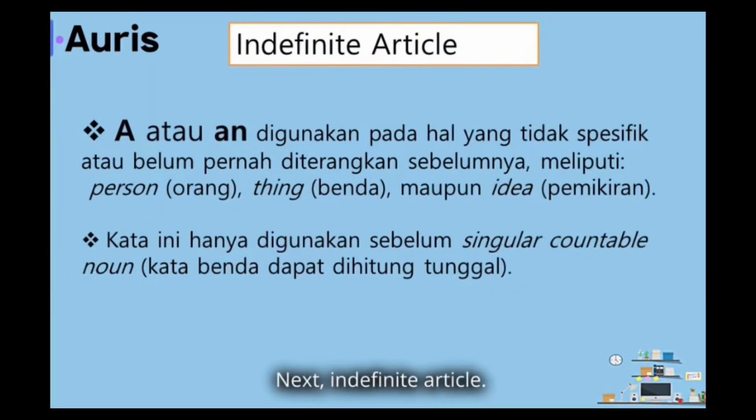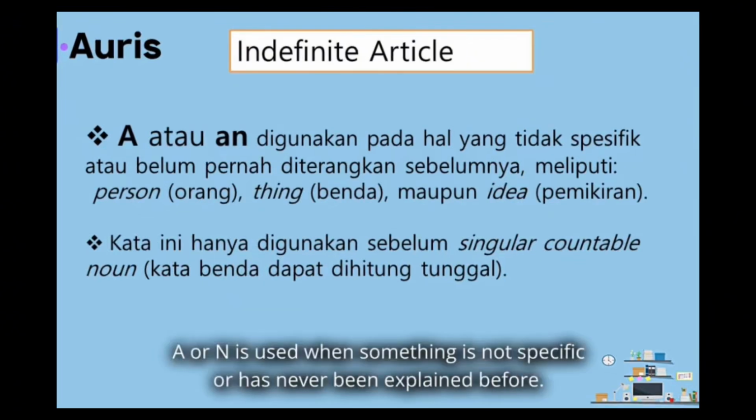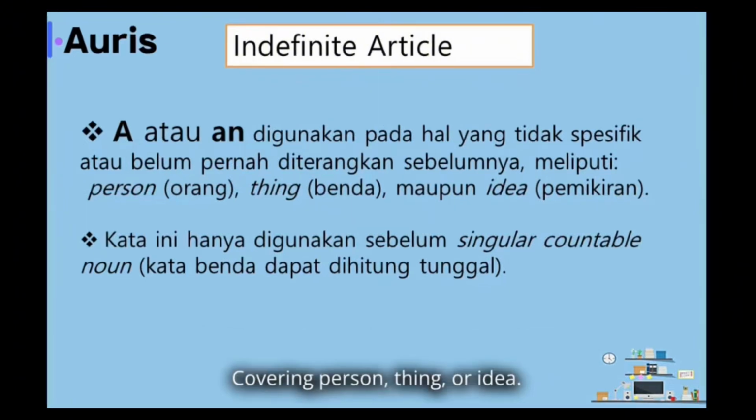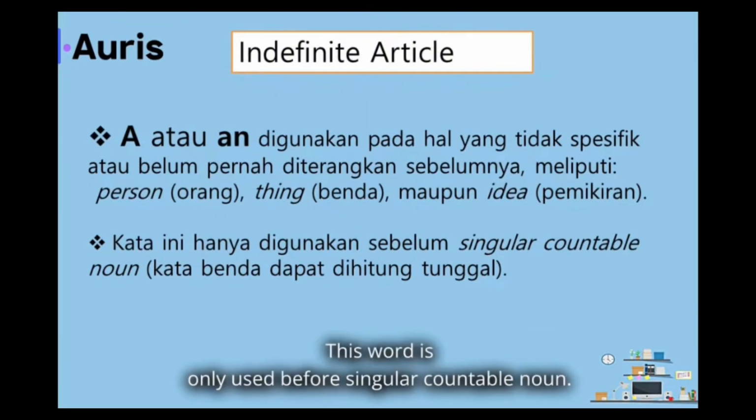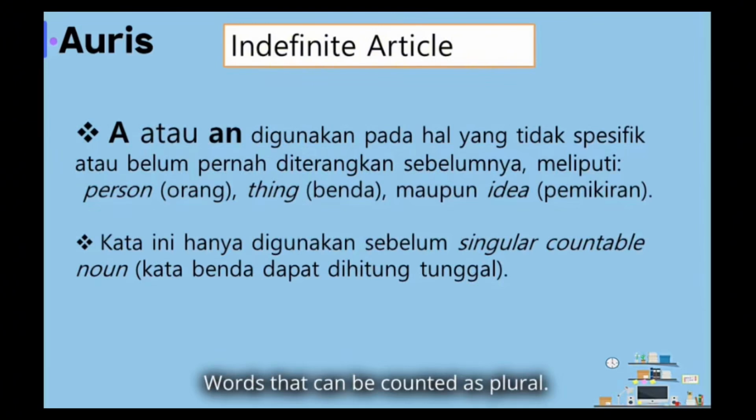Next, the indefinite article. A or an is used when something is not specific or has never been explained before, covering person, thing, or item. This word is only used before a singular countable noun, a word that can be counted.